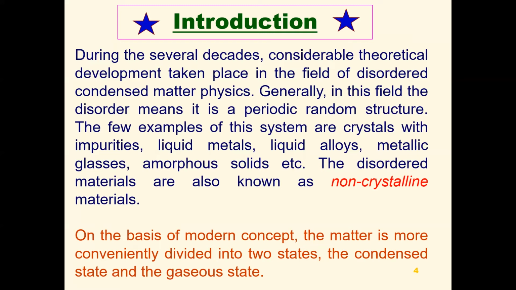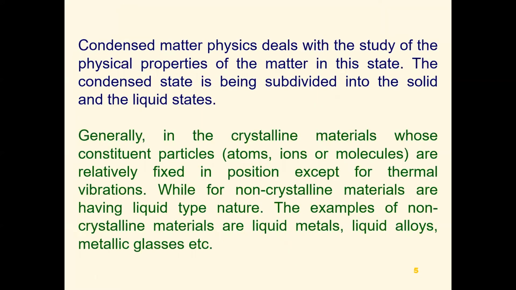On the basis of the modern concept, matter is more conveniently divided into two states, the condensed state and the gaseous state. Condensed matter physics deals with the study of the physical properties of matter in this state. The condensed state is subdivided into two parts, the solid and the liquid states.